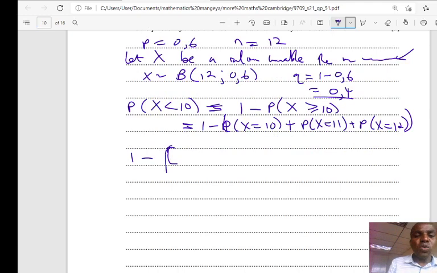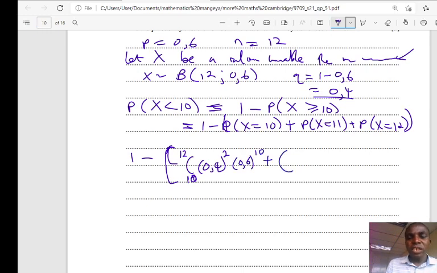Then you say 1 minus the probability of X equals 10. Let me put a bigger item here. It is actually n choose x, which is 12 choose x. These formulas will be in your formula booklet, for the binomial distribution. Then q is 0.4 to the power 12 minus 10, which is 2, then p, 0.6 to the power x, which is 10.